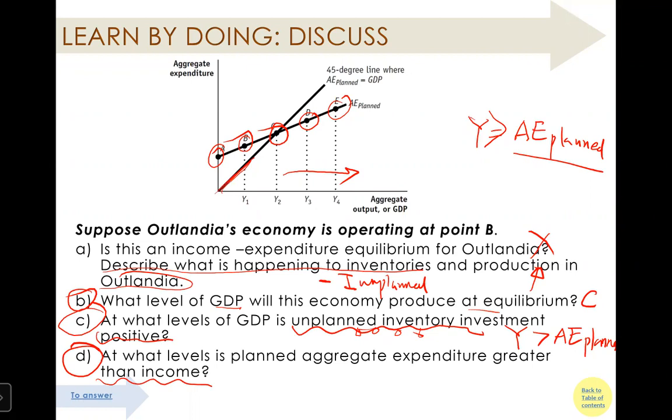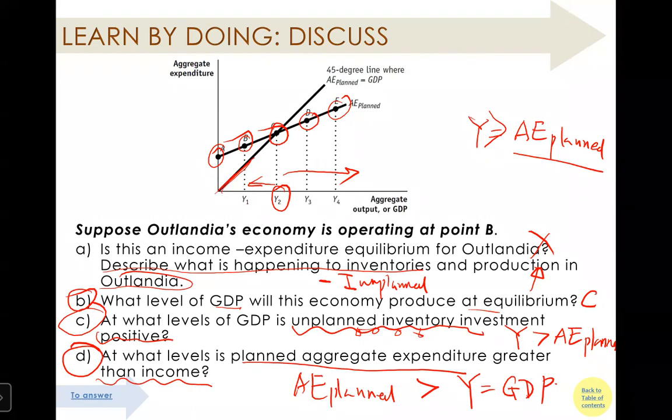So the answer is any point to the left-hand side of Y2. You have planned aggregate expenditure exceeding income, but at Y2 it is equal to GDP.